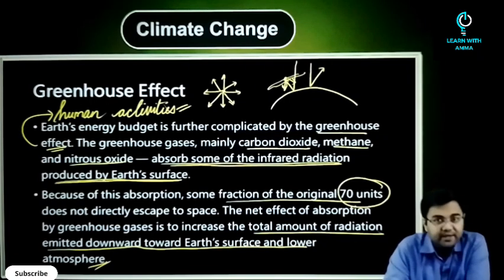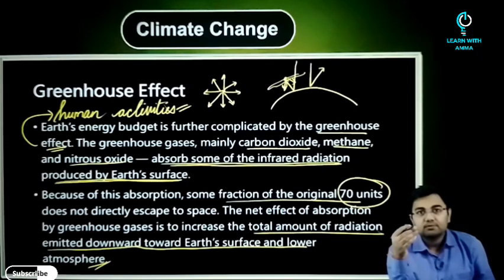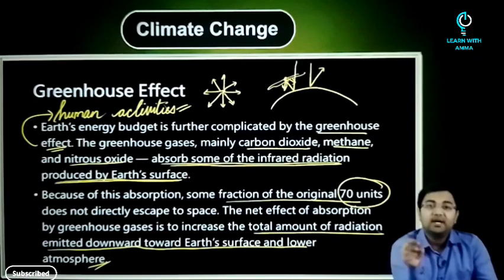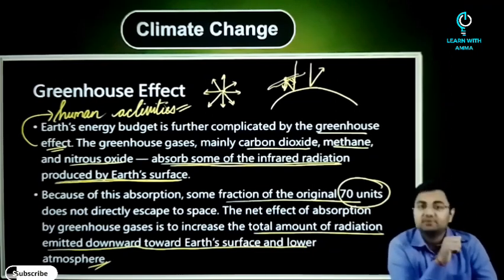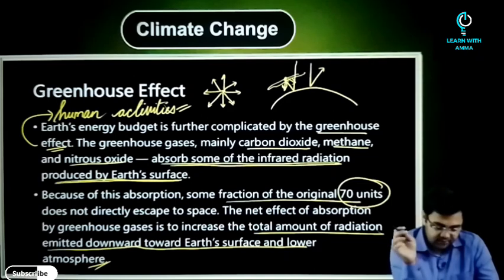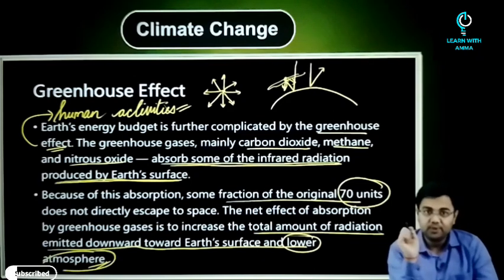So since it is going in all the directions, it means that some of the heat is actually coming back, and that's why we are saying that the net effect of the absorption of heat by greenhouse gases is to increase the total amount of radiation that is emitted downward towards the surface of the earth. And not only the surface of the earth, but also the lower atmosphere. I hope that this point is clear.